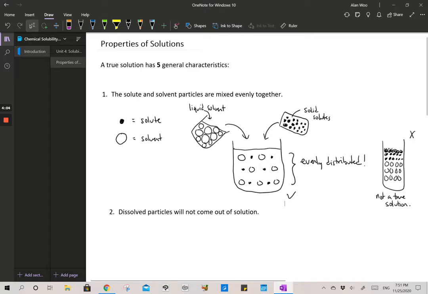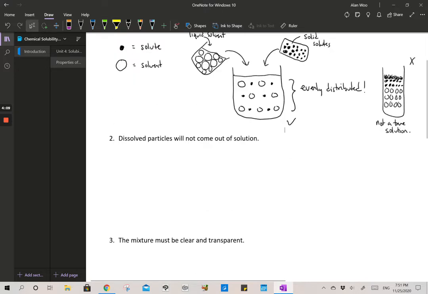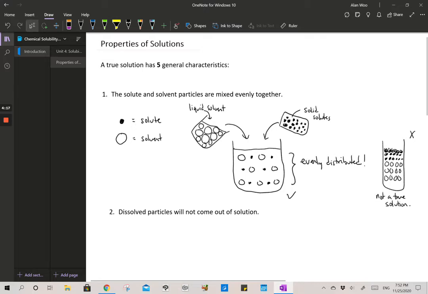So being a homogeneous solution, we also expect that none of these dissolved particles will ever come out of the solution. So I think it's also important for us to note that when they're separate as pure substances, you have a liquid solvent, and a solid solute. They're not solutions, because these are pure substances.